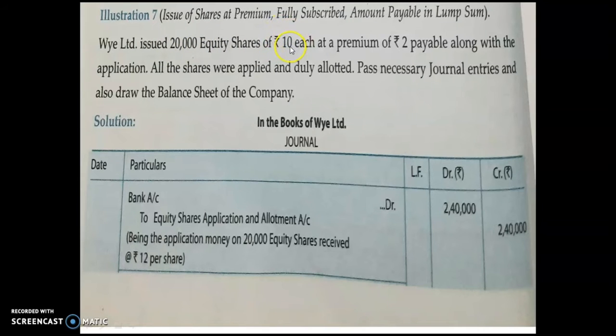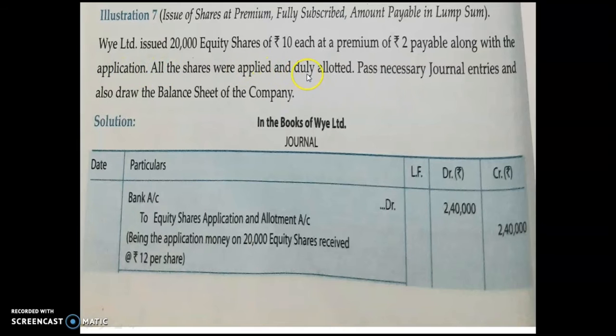It's 10 rupees at a premium of 2. So the total amount is 12. So the company is issuing the shares for 12 rupees. Out of that, 10 rupees is the nominal value or face value, and 2 rupees is the premium along with the application. So they are collecting the whole amount along with the application.